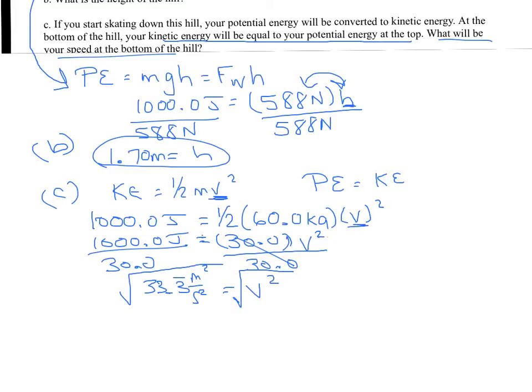When I do that, the square and the square root cancel out, and on my calculator, I find the square root of 33.3. I put the square root button, put in 33.3, and then put equals. And that will give me the answer as 5.77 meters per second.